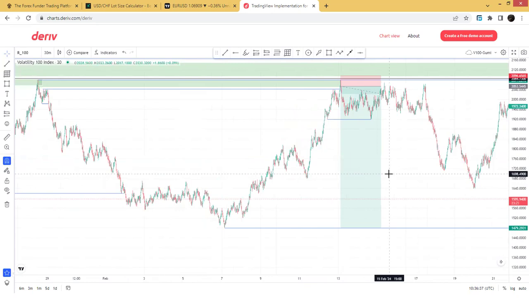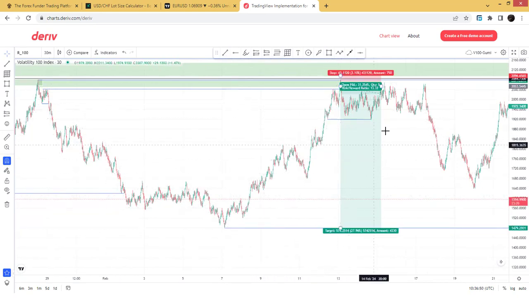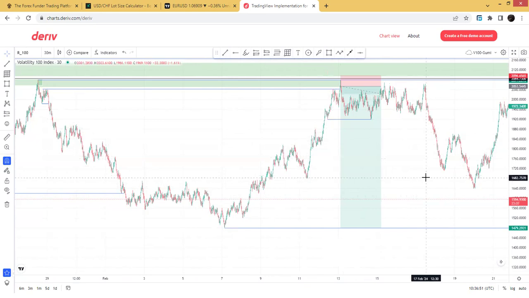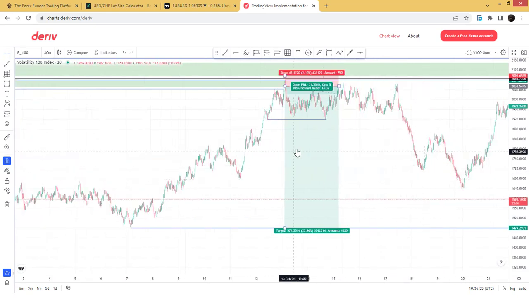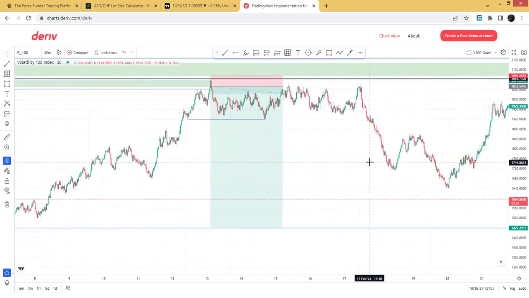Our swing lows are our internal liquidity, and this point and this point are our external. Whatever swing lows we have in between this trading range are our take profits. Here again, you'd have gotten another trade.